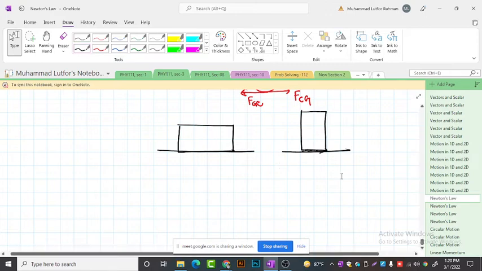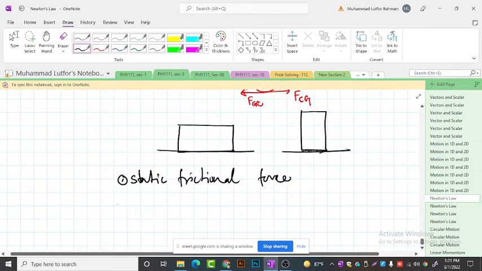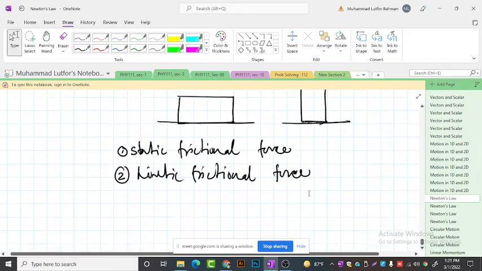Fine. There are two types of frictional force we define. One is called static frictional force, which is active on the system when the system is stationary, and the second one is kinetic frictional force, which is active on the system when the system is moving.